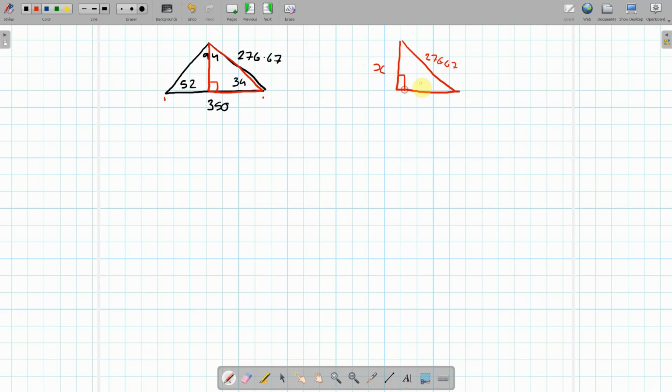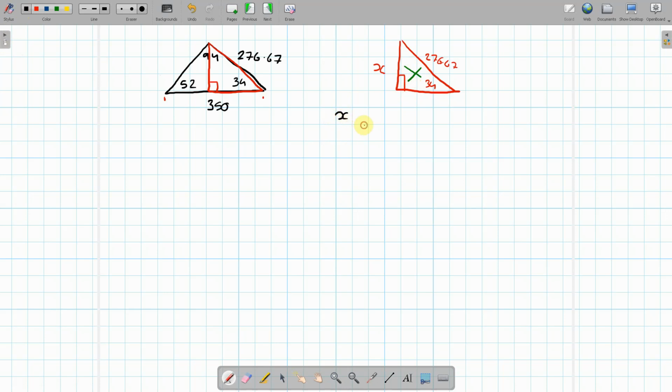We don't know this entire length. However, what we do know is this is 90 and this is 34. And once again, we have a side across from a known angle, a side we want to know across from a known angle, which means we have to use the sine rule again.